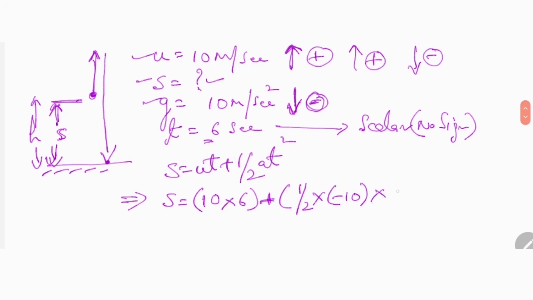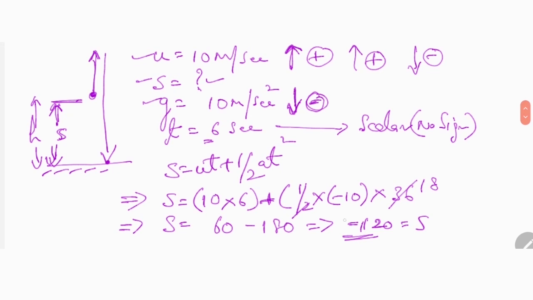T square is therefore 6 into 6 is 36. Clear? So therefore S is equal to 60. So how much will this go? This will go 18 times. Therefore this will become minus 180, or this implies 60 minus 180 is minus 120. So this is our displacement S.